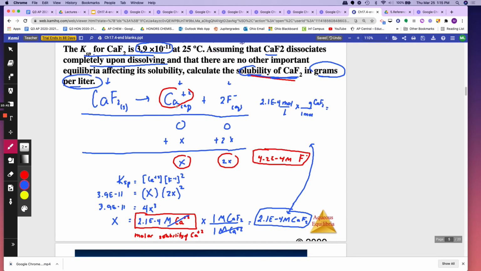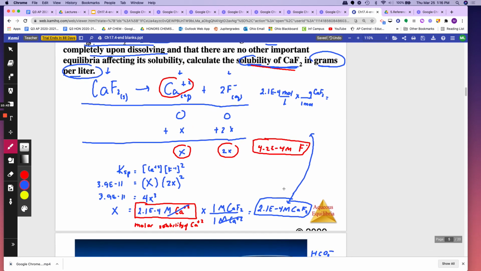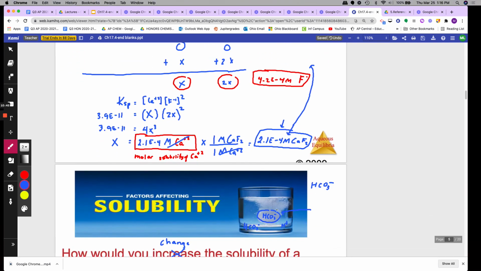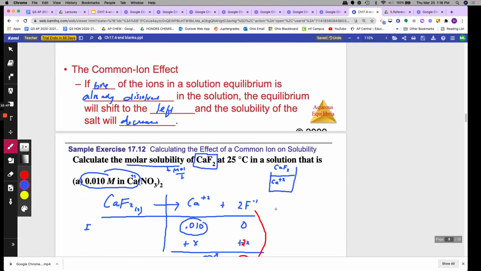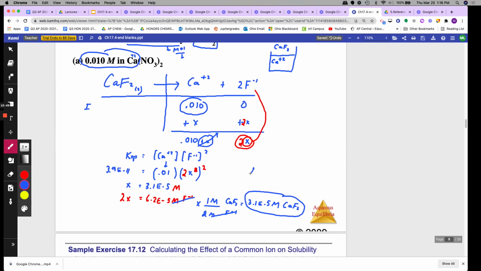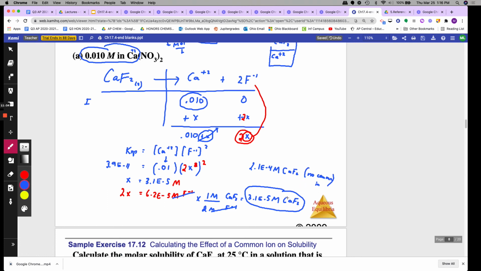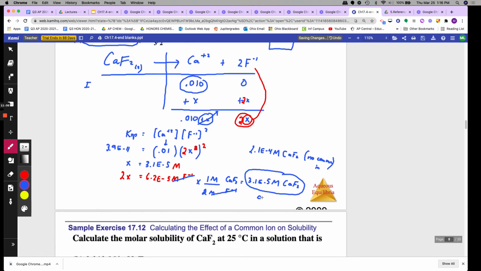So in this problem, the molar solubility with no common ion is 2.1 e negative 4. So 2.1 e negative 4 molar CaF2 with no common ion. This is the molar solubility with a common ion.